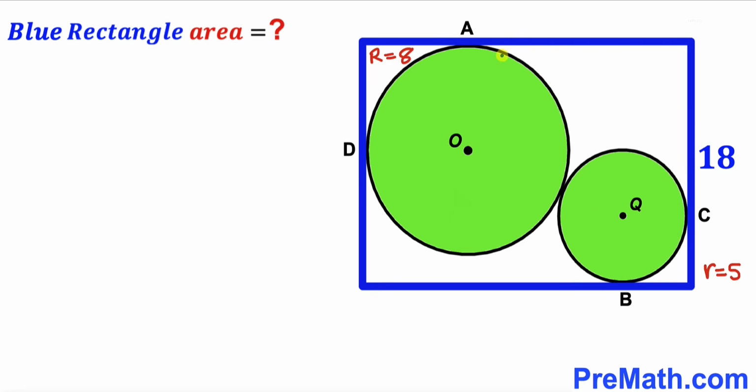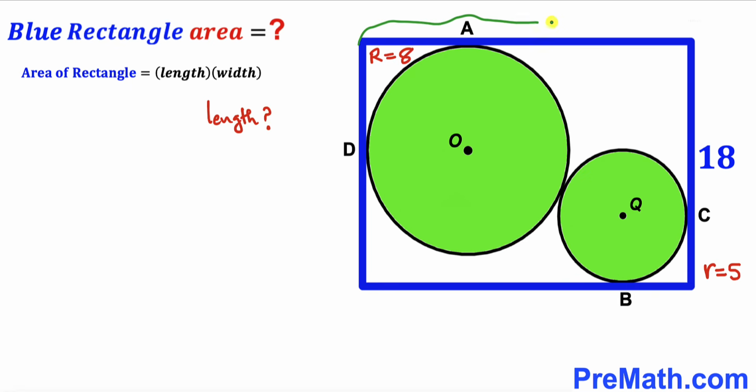Since we are interested in calculating the area of this blue rectangle, let's recall the area of rectangle formula. Area is always equal to length times the width, and we know the width of this rectangle is 18 units. So our task is to find the length of this blue rectangle, and this whole is the length.